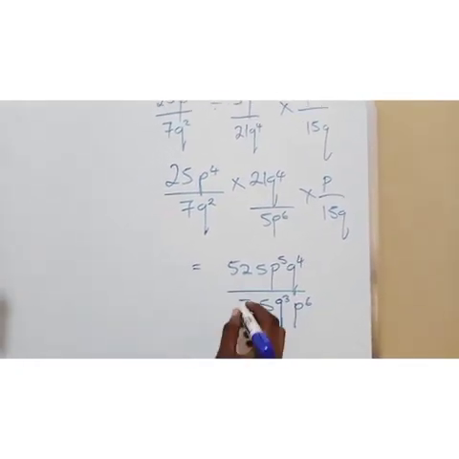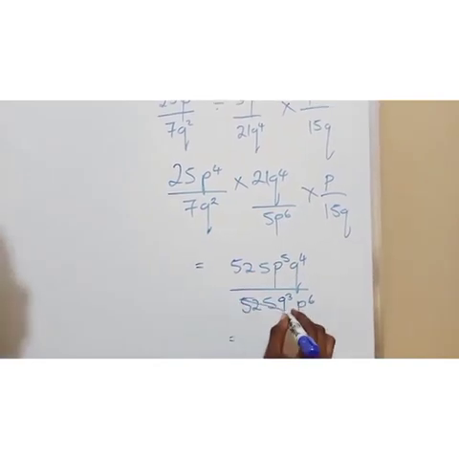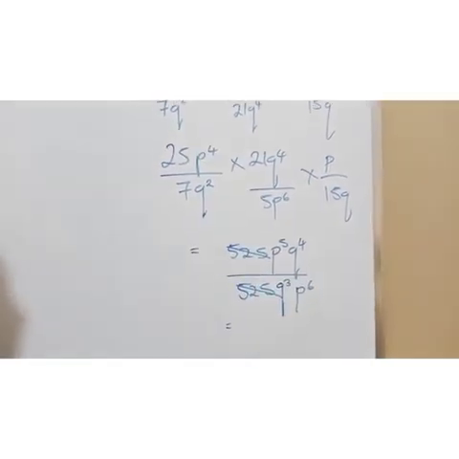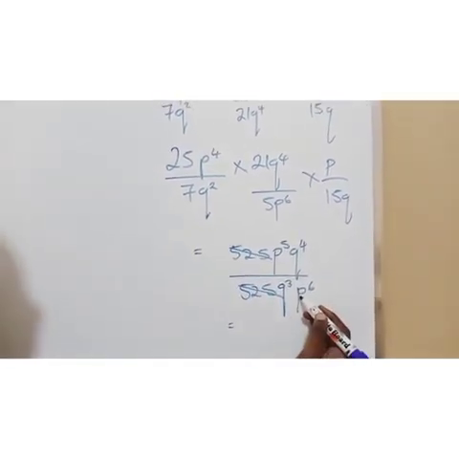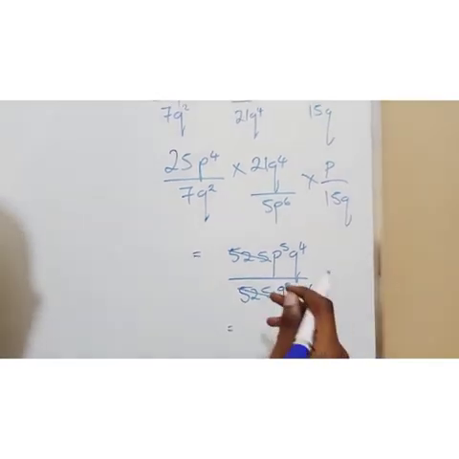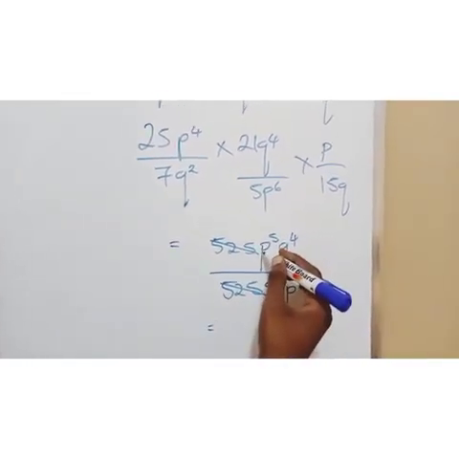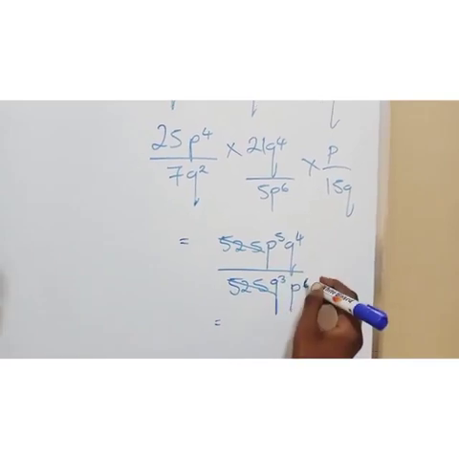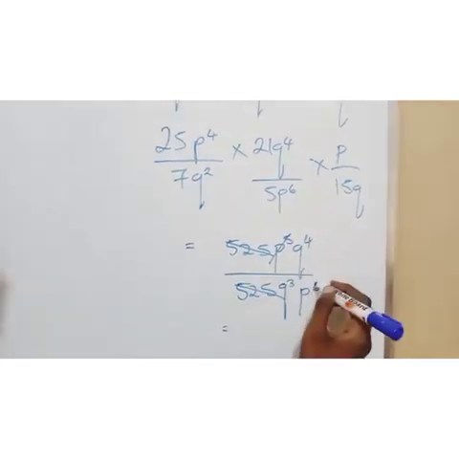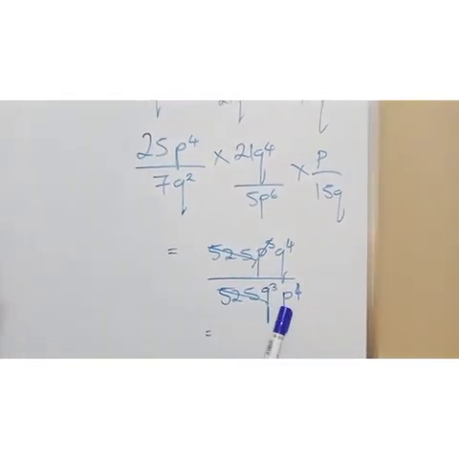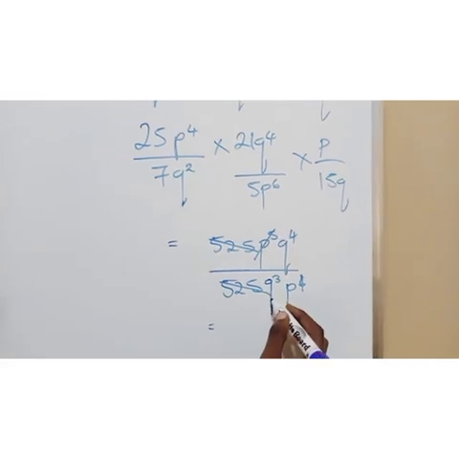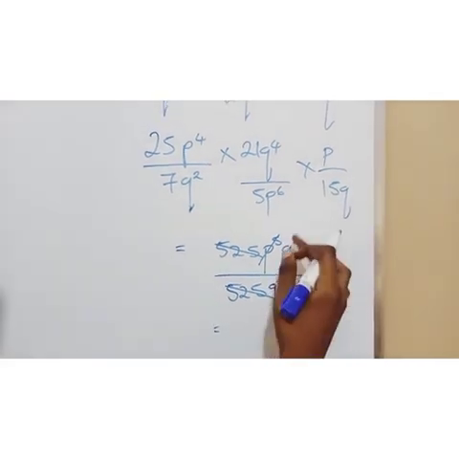Once I have this, I'll cancel what's common. So this will cancel with that. Then let me look at my p. Here is p to the power 6, meaning there are 6 p's, and this is p to the power 5, meaning there are 5 p's. So this will cancel and this will cancel, and I have my p here. Here for q there are 3, and here for q there are 4.